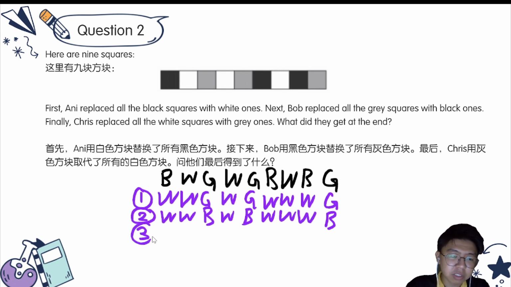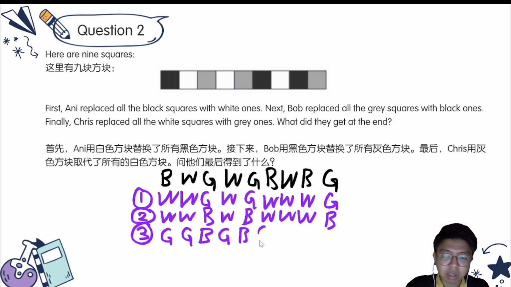And for the third step, it says replace all the white squares with the gray one. So for all the W here, the white squares, we replace them with the gray ones. So gray, gray, black, gray, black, gray, gray, gray, and lastly black.